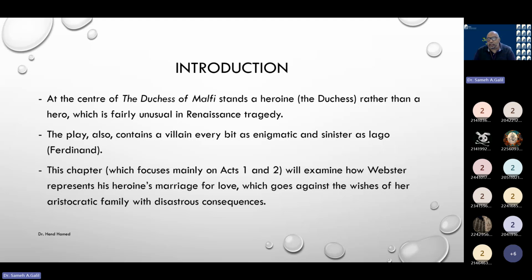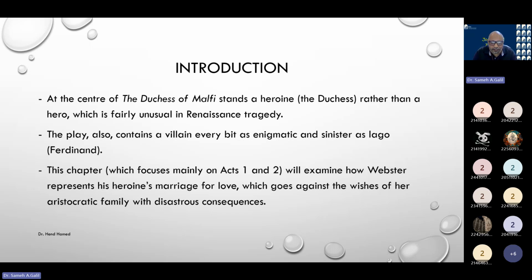So what we have in The Duchess of Malfi, at the center, stands a heroine, the Duchess, not a hero. And this is, like I said, unusual and unheard of in Renaissance tragedies and in Renaissance drama in general. Again, you will detect some similarities between The Duchess of Malfi and Othello. One such flagrant similarity would be between the character of Bosola in The Duchess of Malfi and Iago in Othello.